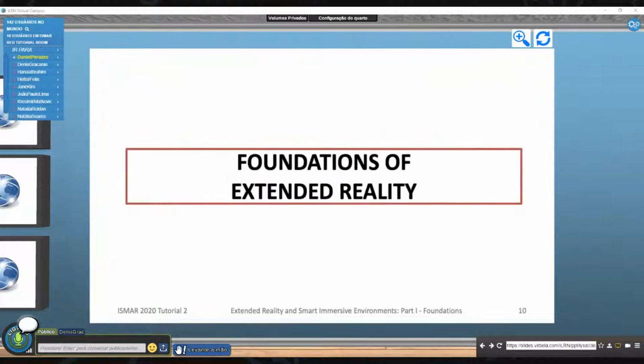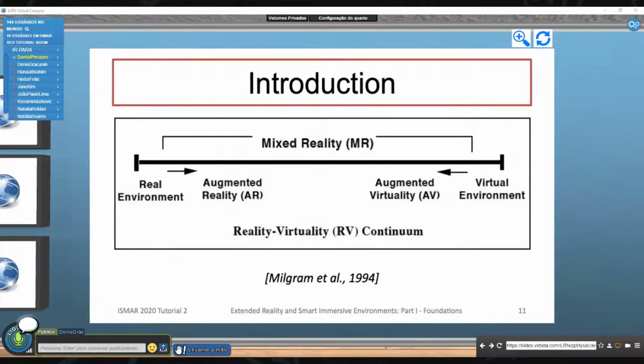So let's look at foundations of extended reality. First, we can talk about the reality-virtuality continuum by Milgram and others from 1994, where on one end of the spectrum we have the real environment, the physical world. On the other end of the spectrum we have the virtual environment or digital world. And then on that spectrum we have various approaches.